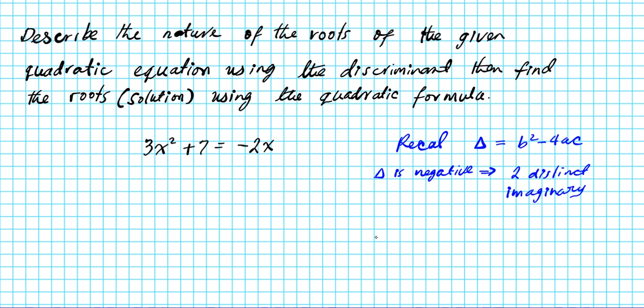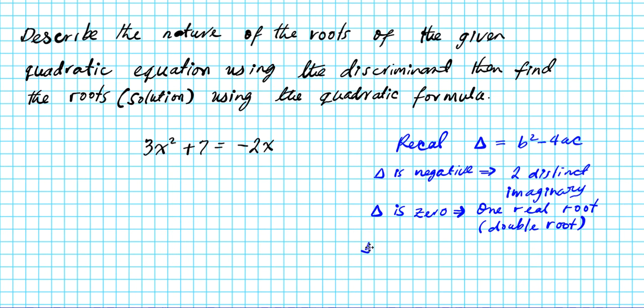When we're talking about imaginary roots, we're going to have that i component there. Now, if your discriminant is 0, then you're going to have one real root. Okay? And that is also known as a double root.